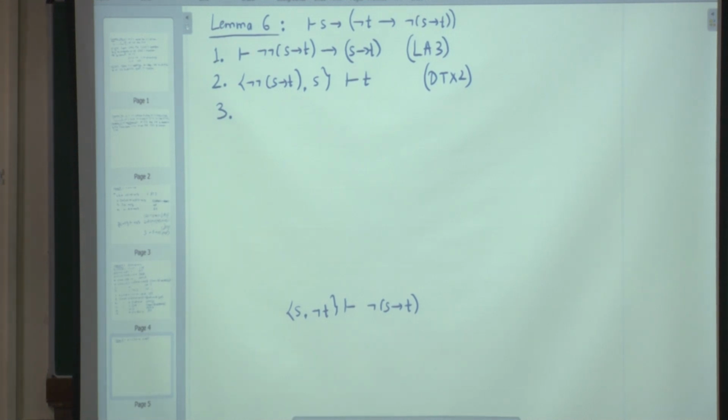Lemma 5 with T. What is lemma 5? T implies double negation T. So this is lemma 5 and monotonicity.